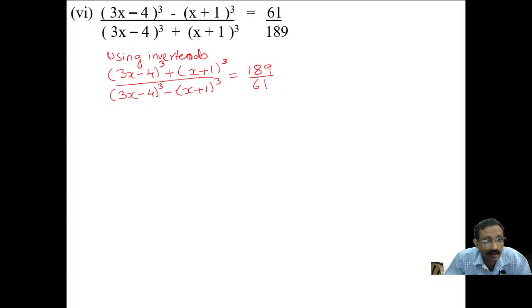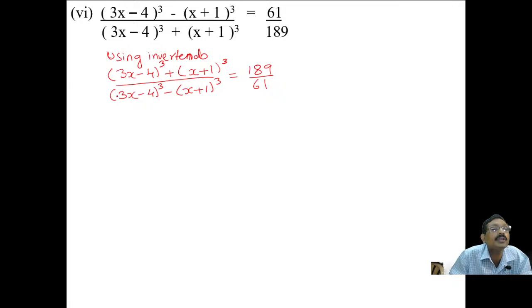When we get this, now look at this carefully. What can be done to this? As we had decided to first use invertendo, right? And now can we use componendo and dividendo so that we can get the value? So let us use componendo and dividendo.